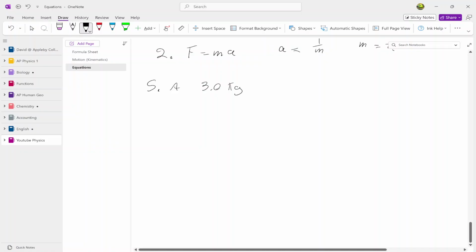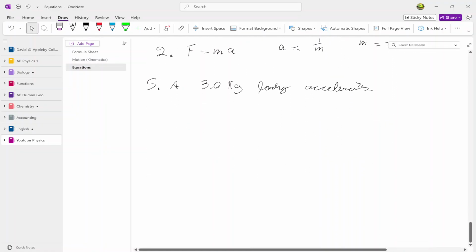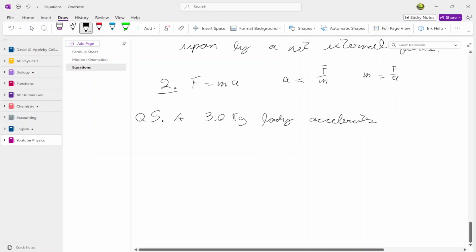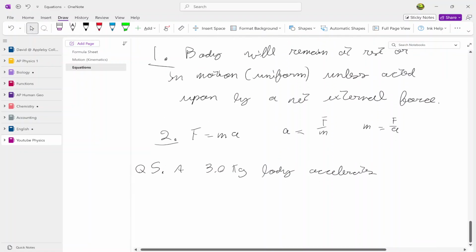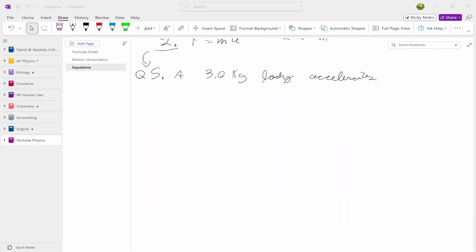In physics, obviously, it's not as strict as chemistry, but just be specific. This is a question, by the way, these are just statements. So a 3 kg body accelerates 2 meters per second squared.